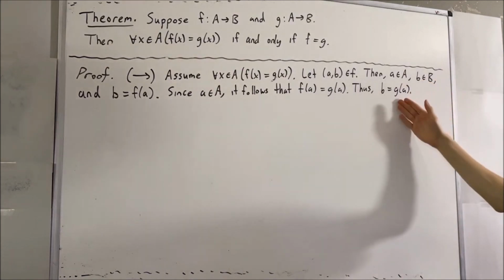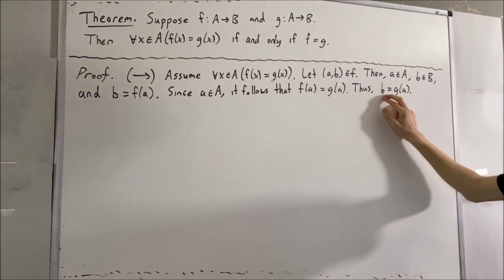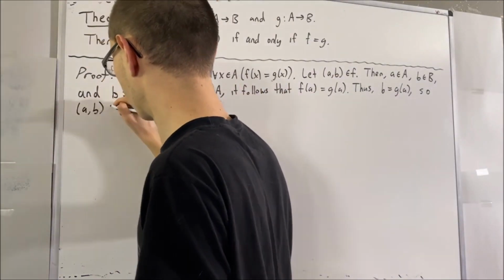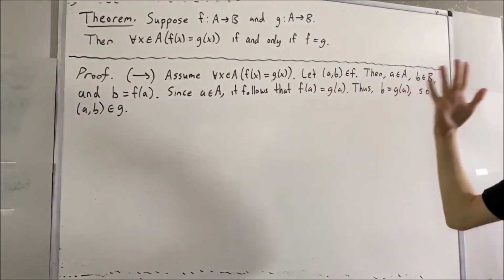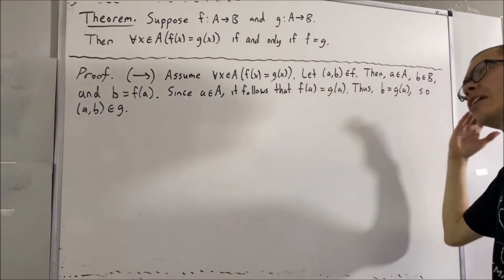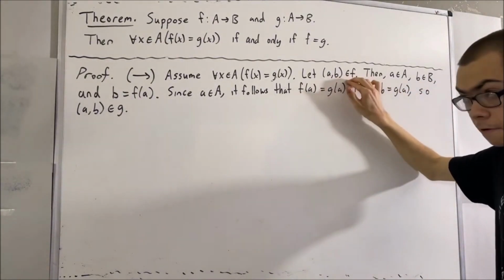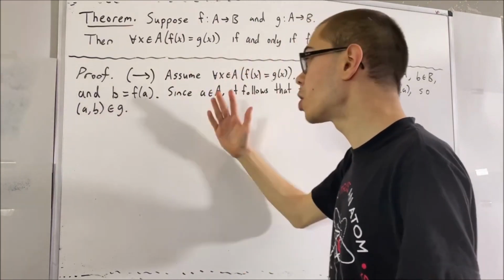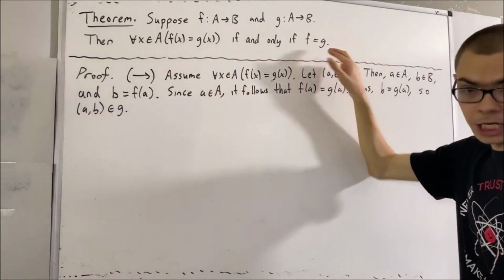But this is equivalent to saying that (a, b) is an element of g. So at this point, what we have shown here is if we considered any arbitrary element of f, that same element is going to be in g. So we have shown that f is a subset of g.